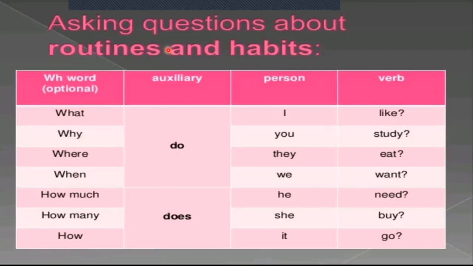Also, to make questions in the present simple tense. So here we say routines and habits because we use present simple tense to express routines and habits or facts, okay? So the auxiliary verb here will be do and does.